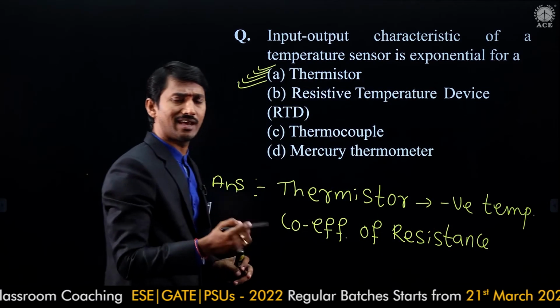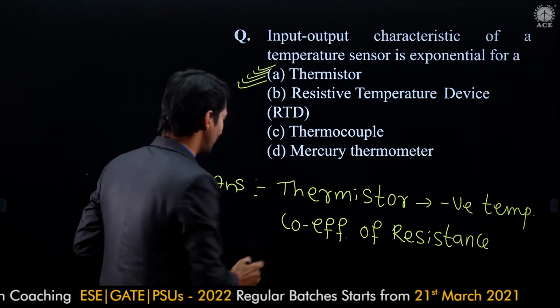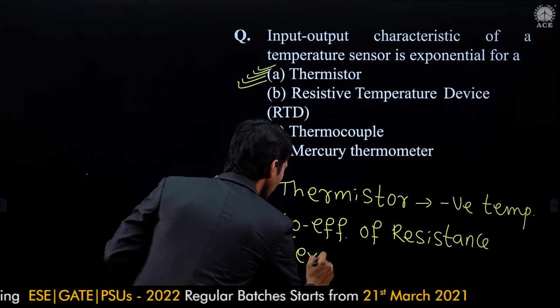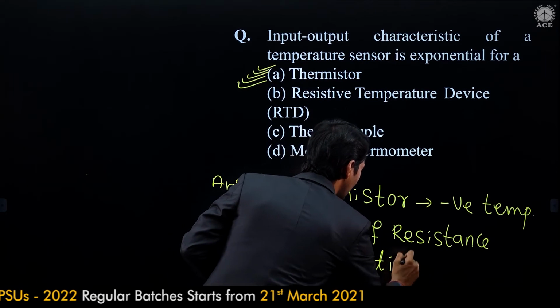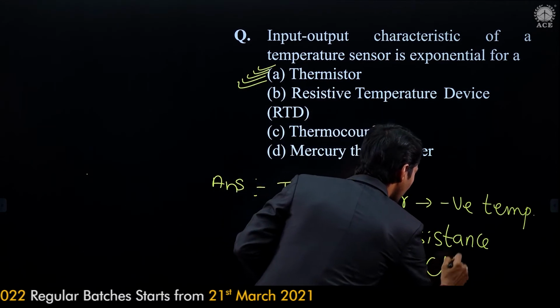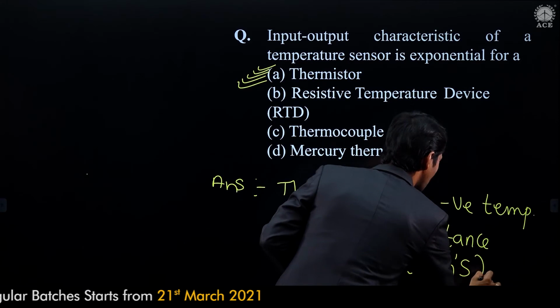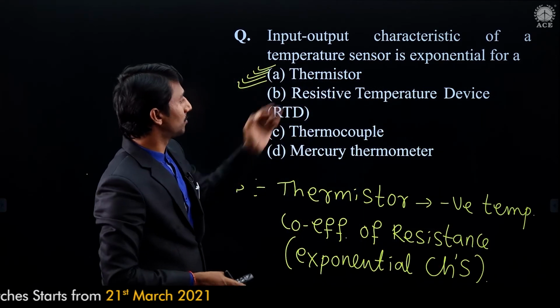That is, which characteristic here? Exponential characteristic. So the answer is thermistor.